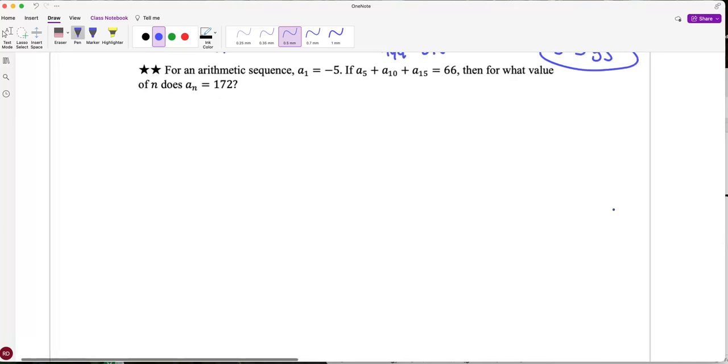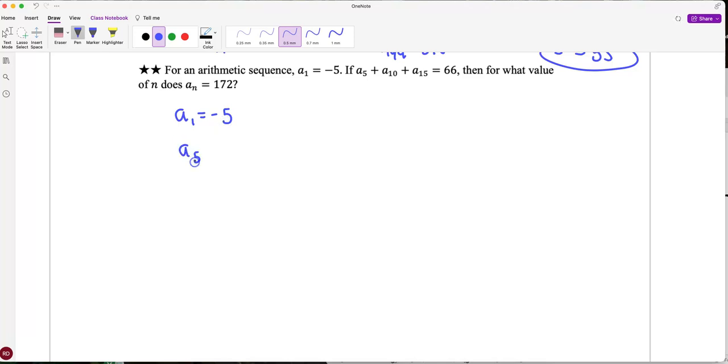For an arithmetic sequence, A1 is negative 5. If A5 plus A10 plus A15 is 66, then for what value of n does AN equal 172? Now these, your head spins, but you just write down what you know. A1 is negative 5, okay?